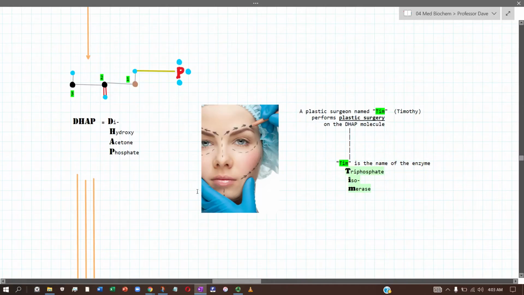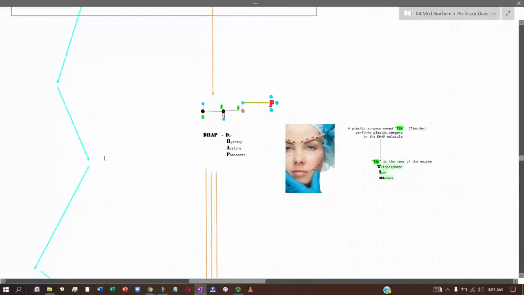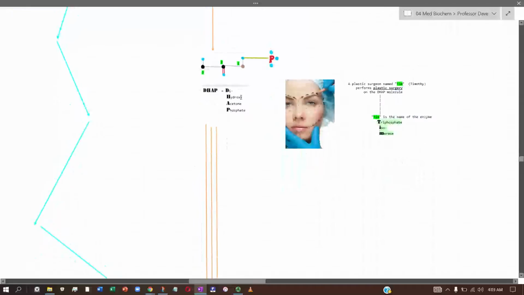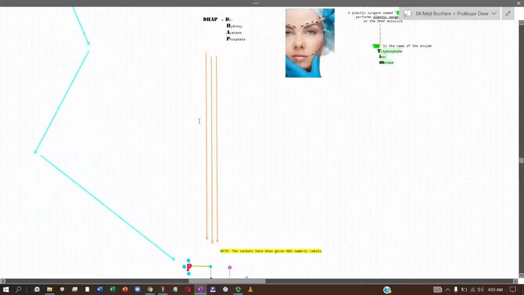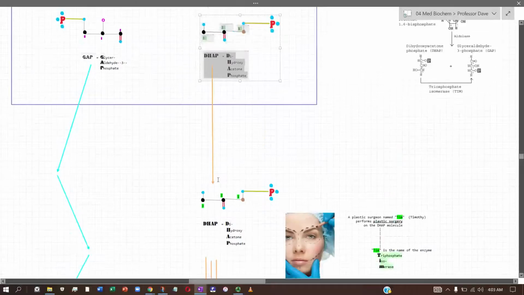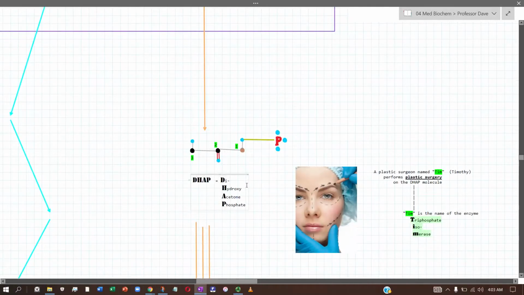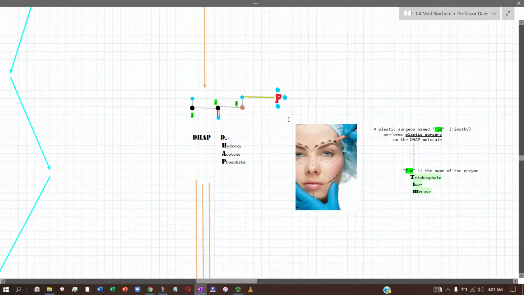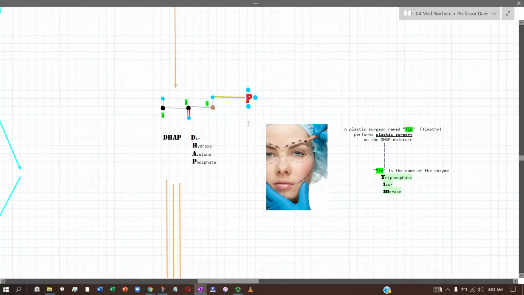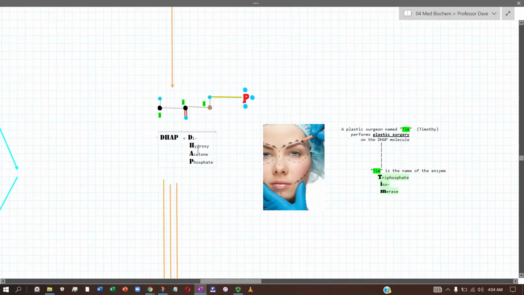The reason that DAP is undergoing plastic surgery is because the ultimate goal is for DAP to become identical to GAP. Here I didn't include the mechanism of how the atoms get rearranged chemically to be exactly like GAP.